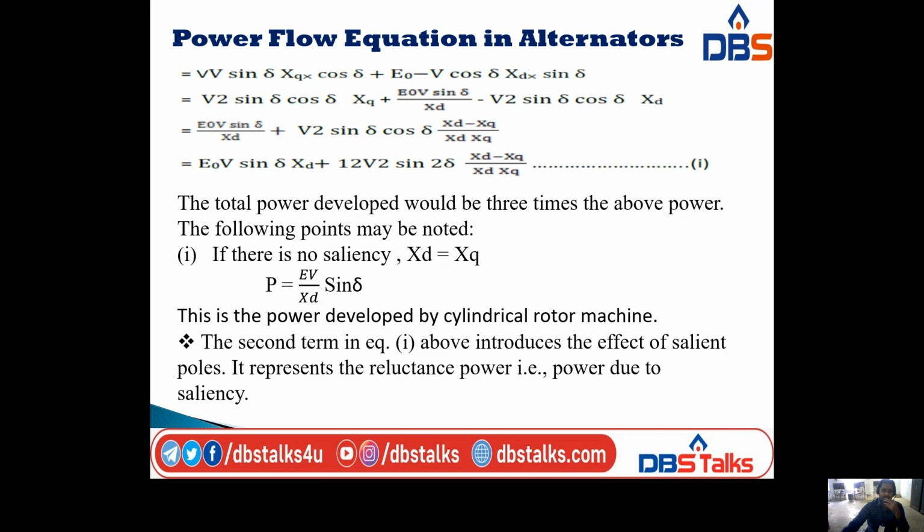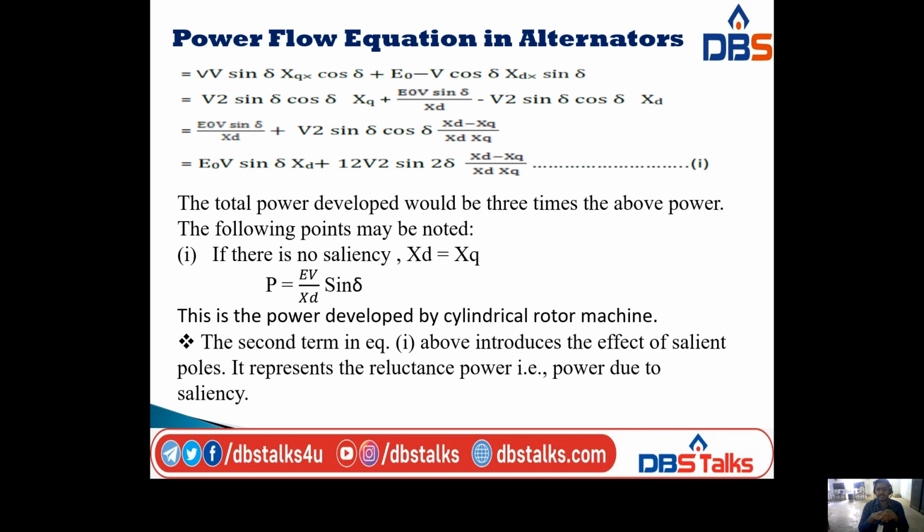So from this I am writing V square sin delta cos delta by XQ plus E naught minus V cos delta by XD into V sin delta. Expanding, this is V square sin delta cos delta by XQ plus E naught V sin delta by XD minus V square sin delta cos delta by XD.